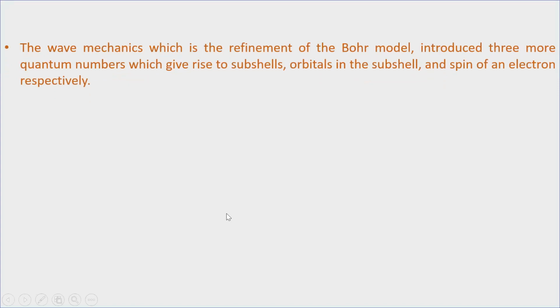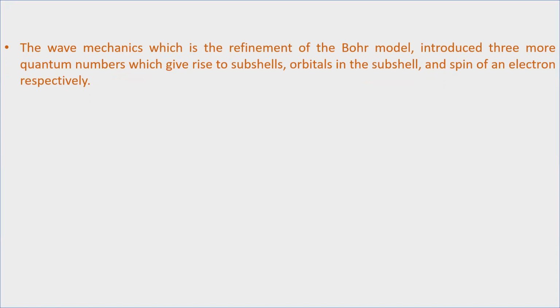So in the Bohr model, when he proposed the Bohr theory, we had only one quantum number characterizing the electron, that is the principal quantum number. But as we know, wave mechanics refined Bohr's theory, and in that process it brought three more quantum numbers. So it was able to completely characterize each and every electron.